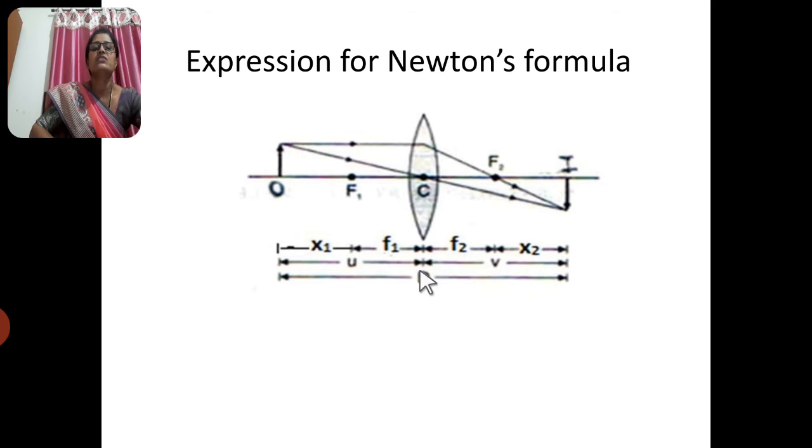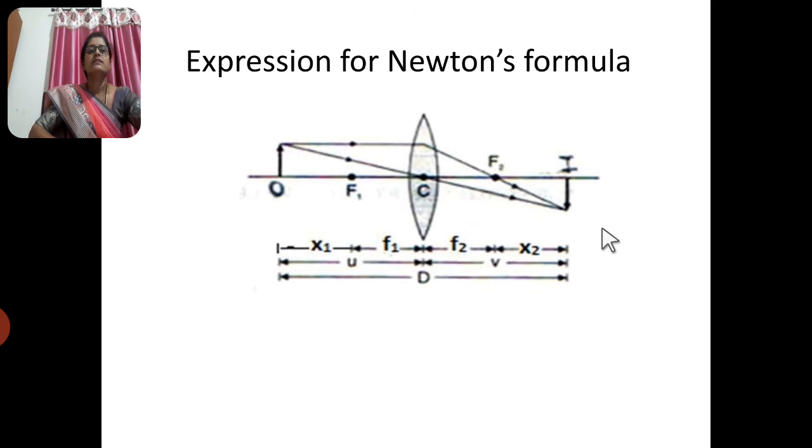Here u is the object distance, v is the image distance, and D is the distance between the object and the image. And x1 is the distance of the object from the optic center, and x2 is the distance between the optical center and the image.